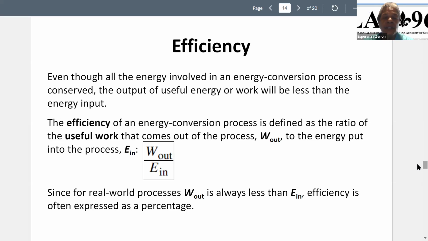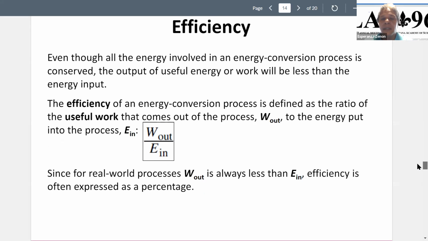But what they're telling you here is in the real world, the work that you get out is never going to be equal to the energy that you put in. So that's always going to be less than 100%. Okay? There's no totally 100% efficient process in the real world.